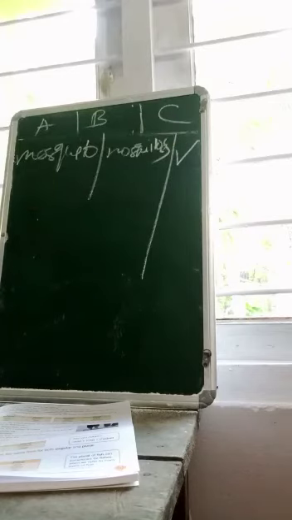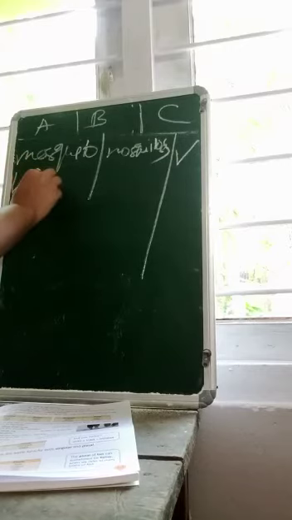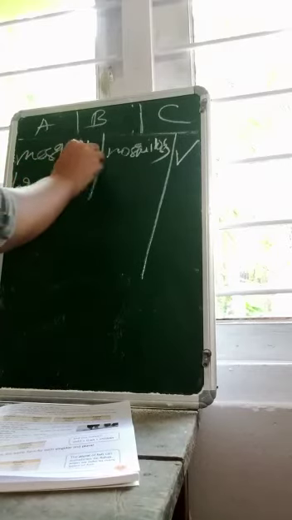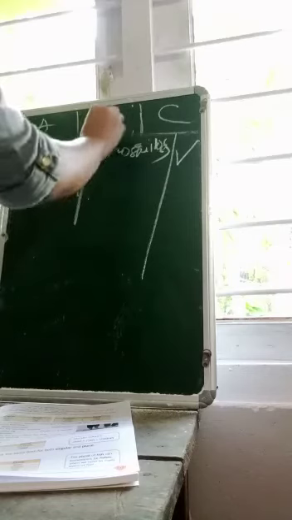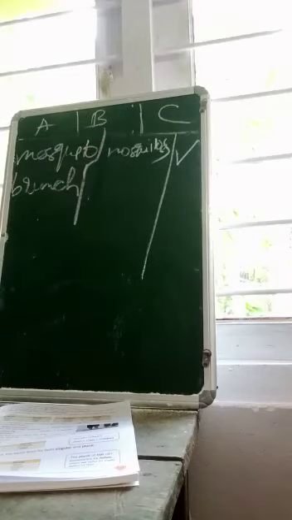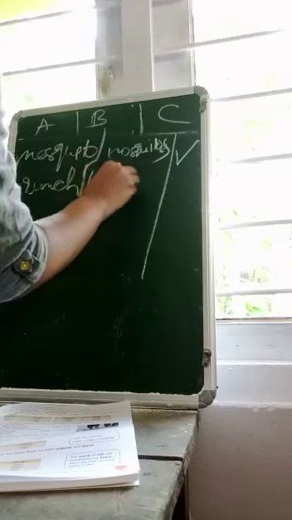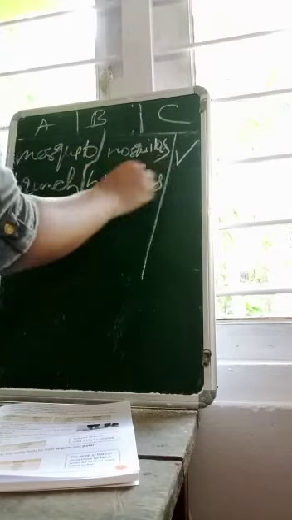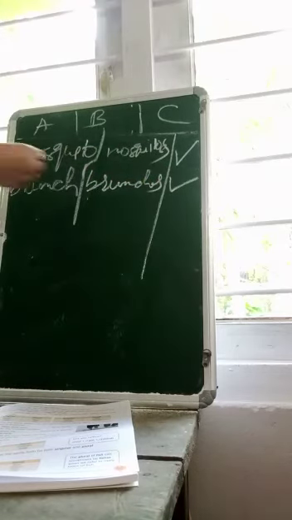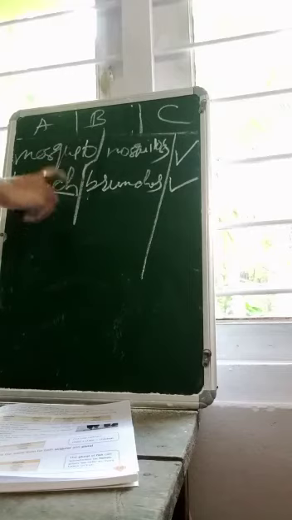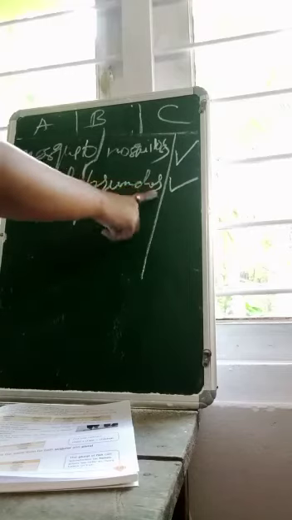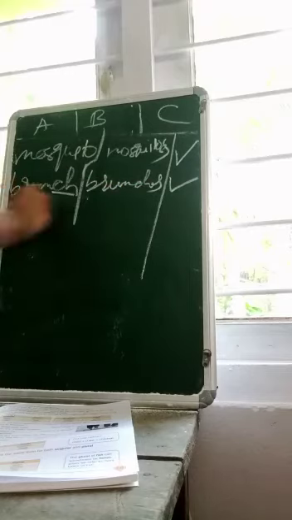O-E-S. This one is correct. Then we have brunch. Plural form is brunches. And this one is also correct. Why? Because the last two letters are CH and with that, if we have to make it plural, we have to add ES. So this one is correct.